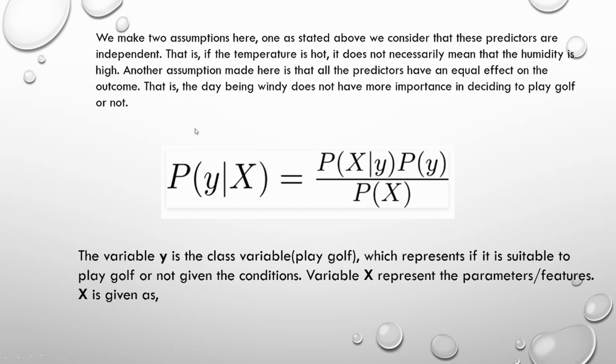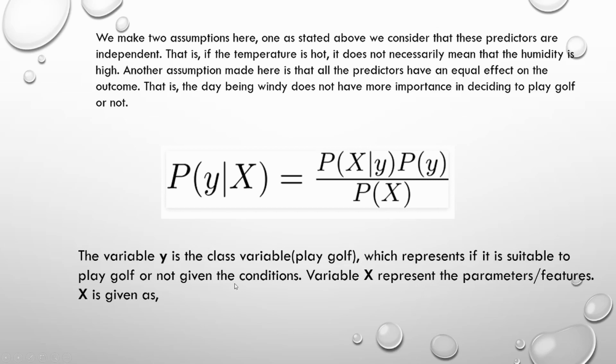So if the outcome is overcast, that doesn't mean that we cannot play golf, but we need to use all the features to determine the outcome. So the variable y is the class variable, that is, to play golf, which represents if it is suitable to play golf or not given the condition. And then the variable x represents the parameters or features.